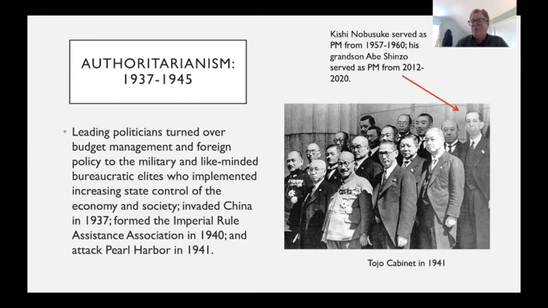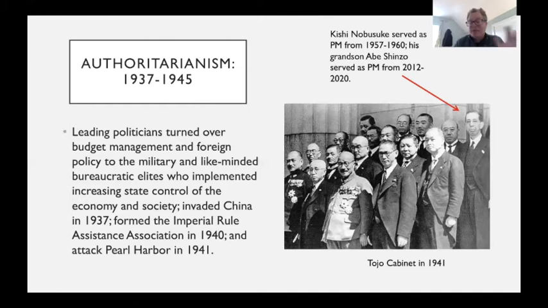And there were other bureaucrats that were part of this, that were part of the police organization, that used the skills that they had gained in the colonies to keep Japan under control during the war.